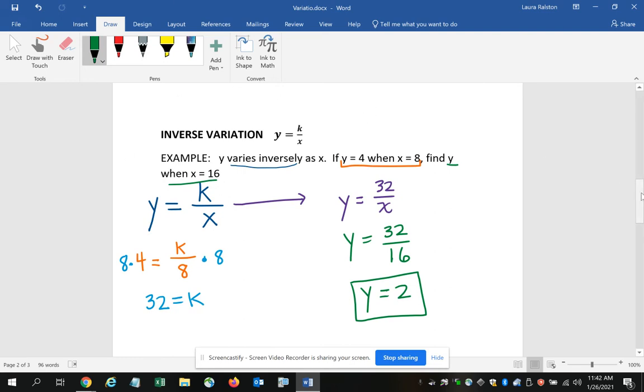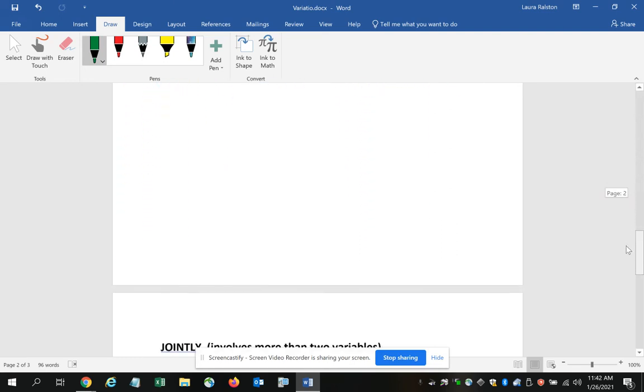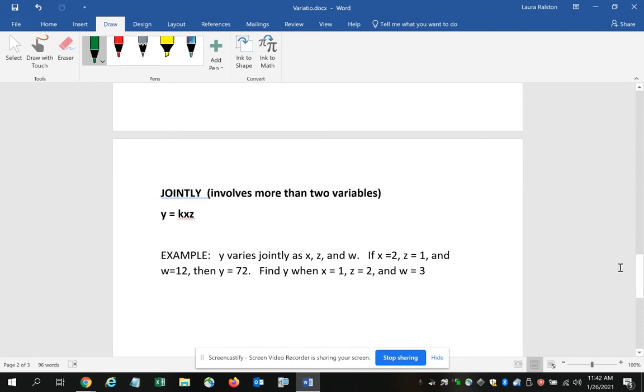Now, joint variation basically involves more than just an x and a y. It involves maybe 3 variables or 4 variables. The formula would be something like y equals k times x times z. You could have more letters than that depending upon how many variables you have.